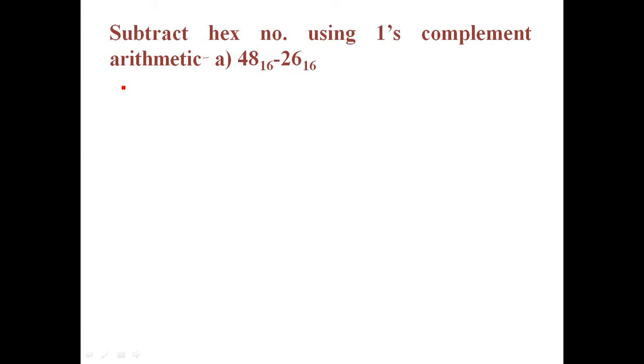So the subtrahend is 26 in this question. So 26 in binary is 0010 for 2, and for 6, 0110.